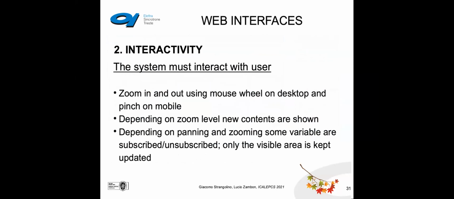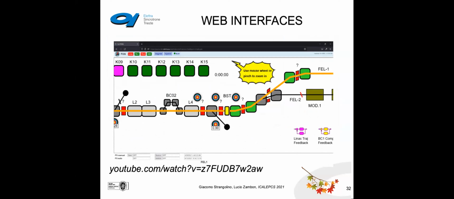The second keyword is interactive. The web interface must react quickly to user actions. For example, users can zoom in and out in the SVG synoptic using the mouse wheel on desktop and pinch on mobile. New contents are shown depending on the zoom level.